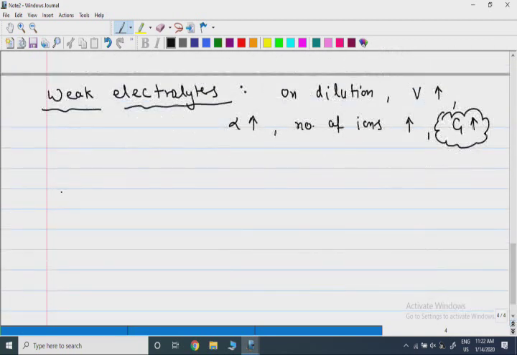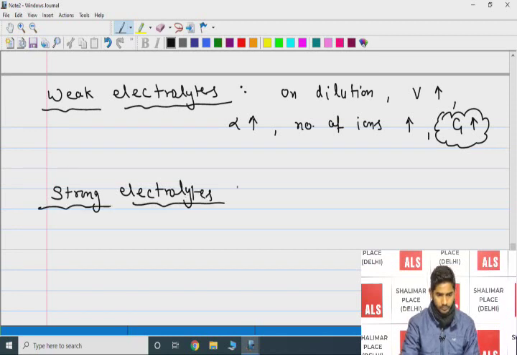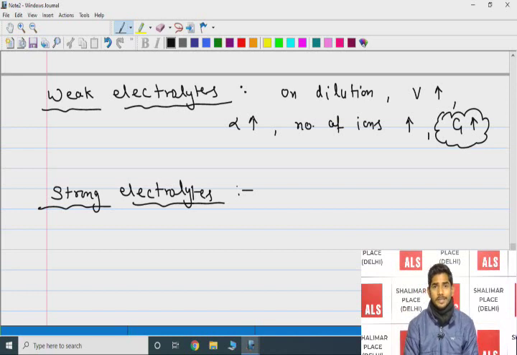Now check out this strong electrolyte part. For the strong electrolytes, if we talk about concentrated solutions, whatever acid, base or salt is there, their concentration will be very high.